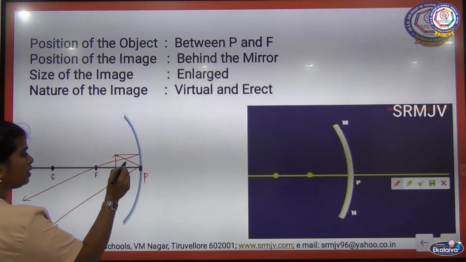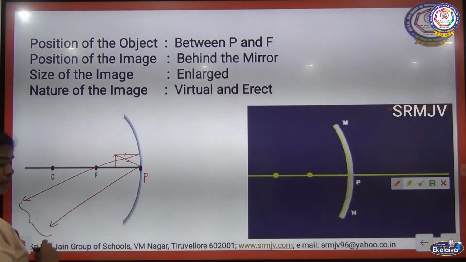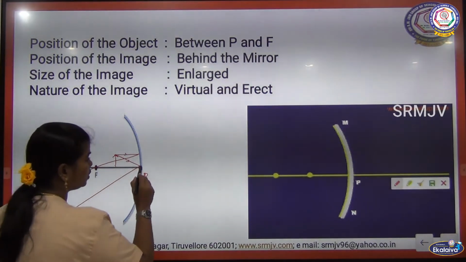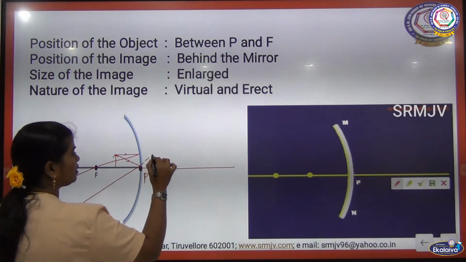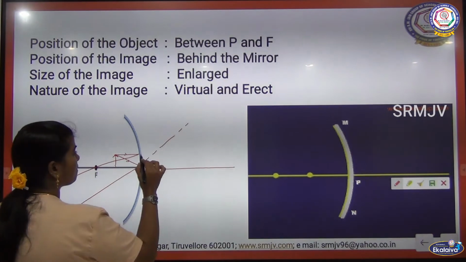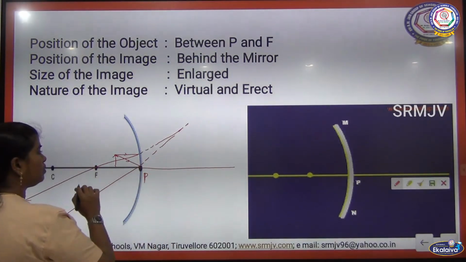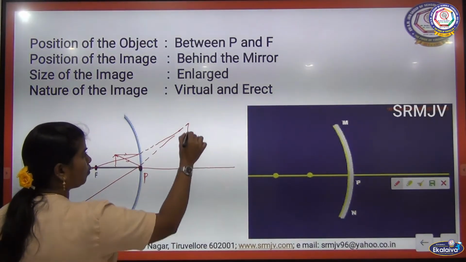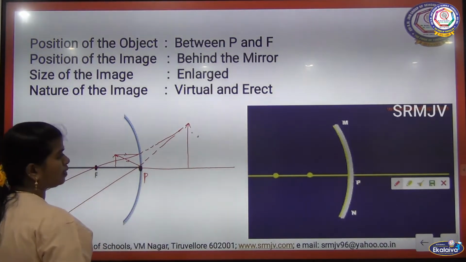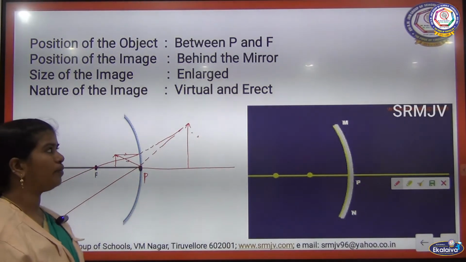So what happened? These two rays also will not meet. So what we are supposed to do is extend these reflected rays; they will meet at a point behind the mirror. So there the image will be formed.